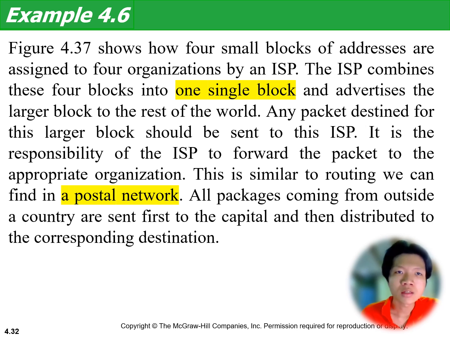It is the responsibility of the ISP to forward the packet to the appropriate organization. This is similar to routing we can find in a postal network. All packages coming from outside a county are sent first to the capital and then distributed to the corresponding destination.